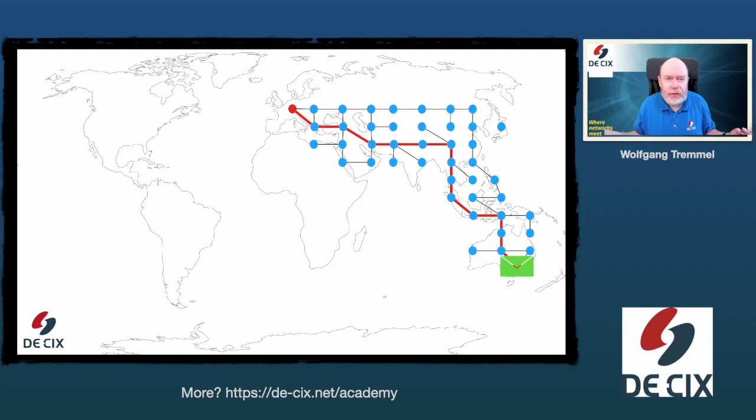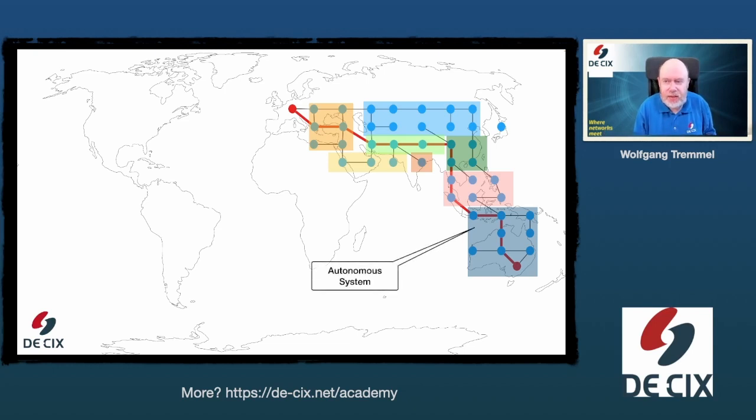But not each and every router is under the same administration. There are internet service providers, carriers, and they all operate not just one router, but most of the time a couple of routers. And this group of routers is what we call, a bit simplified, an autonomous system.